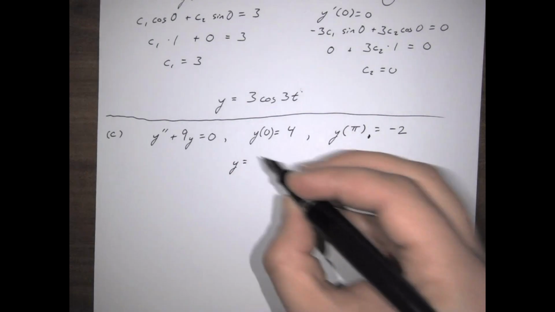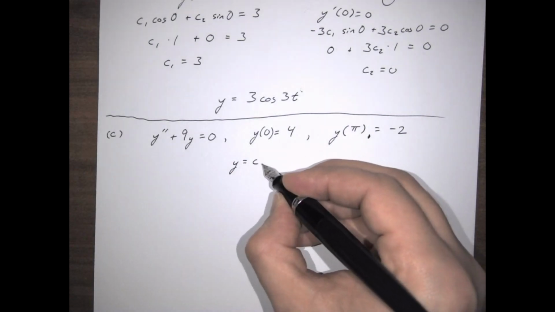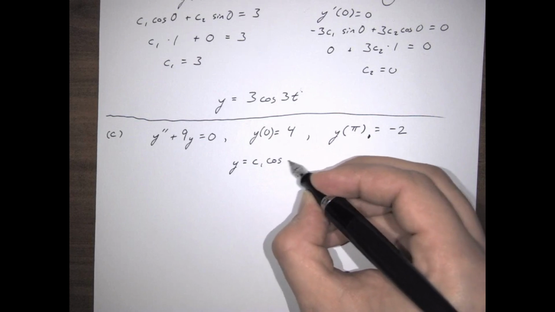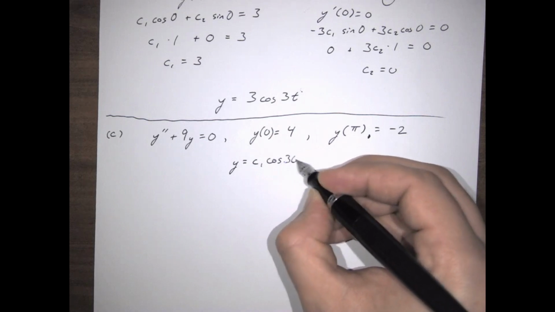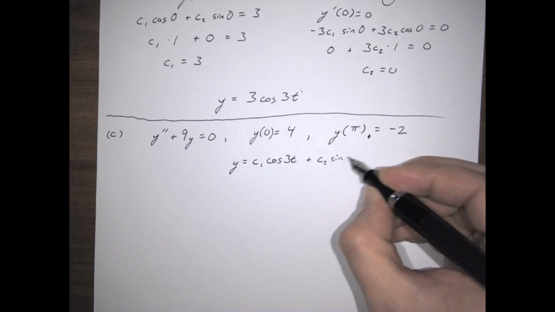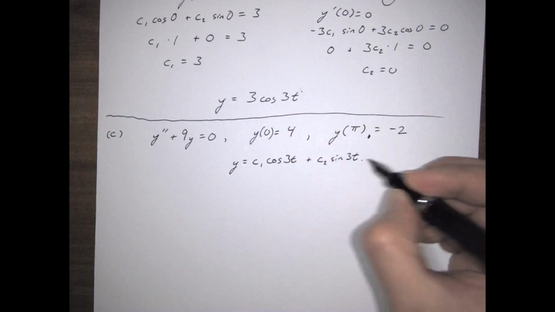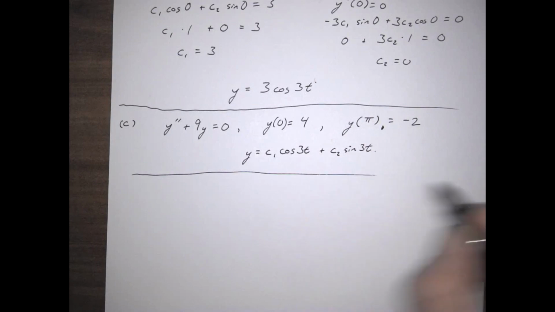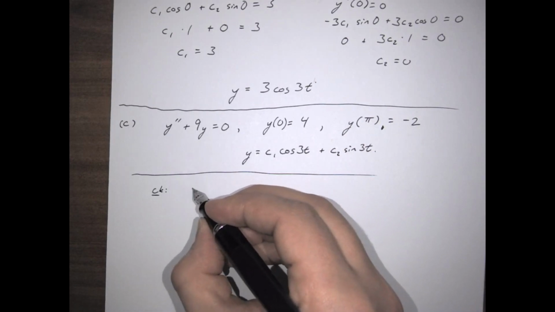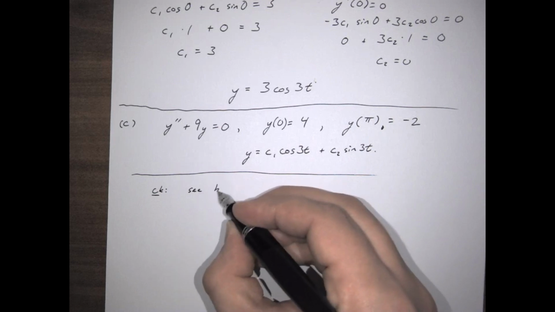Okay, so our y's, we already know what the family of solutions is going to be here. So c1 cosine 3t plus c2 sine 3t. All right, and the check was already done above.